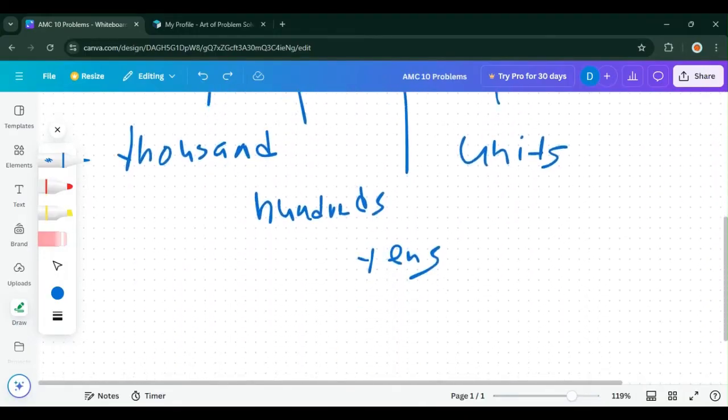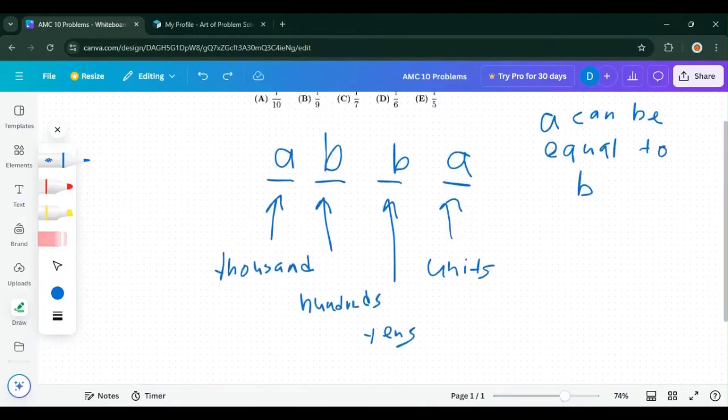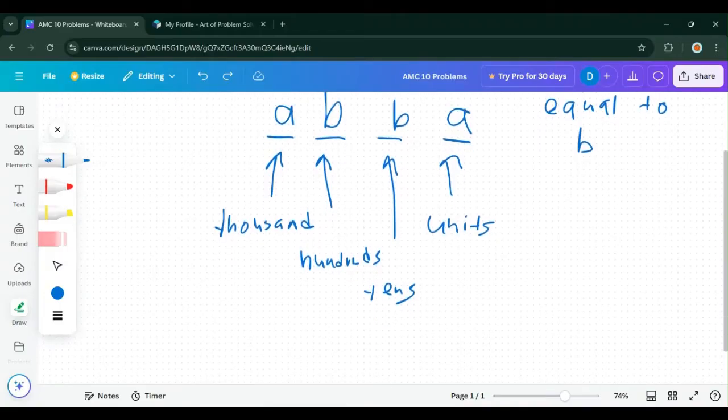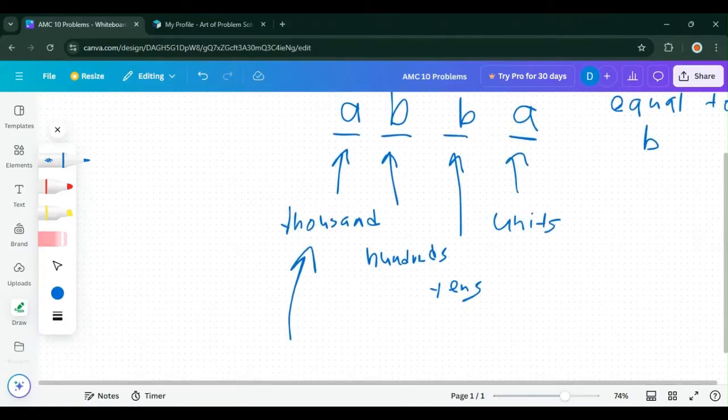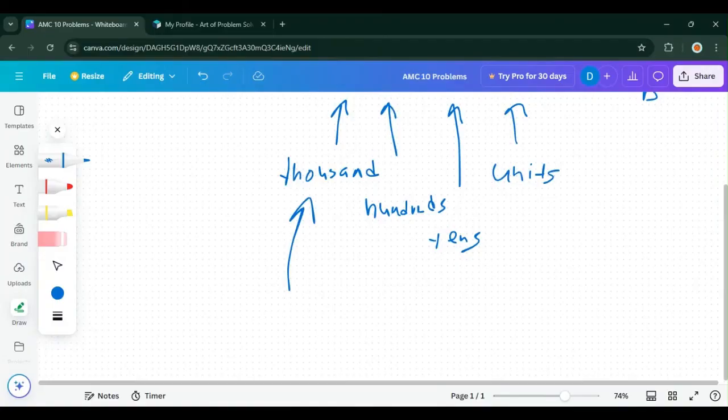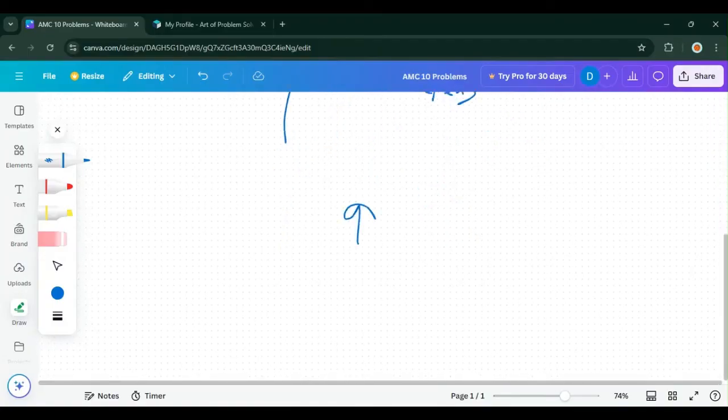We can start finding the probability, but first we want to make sure that we understand the value of each variable and each digit. Starting on the left-hand side, how much is A worth? Let's say A is the digit 9.